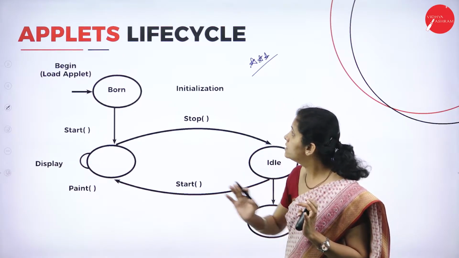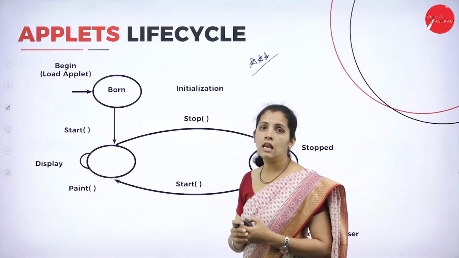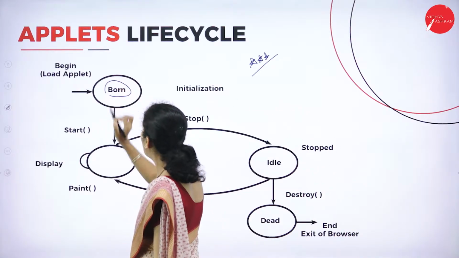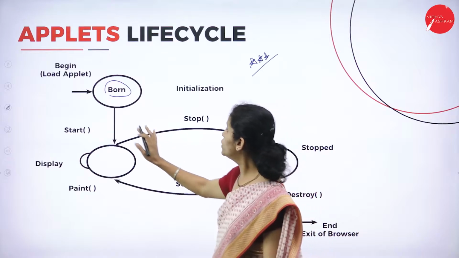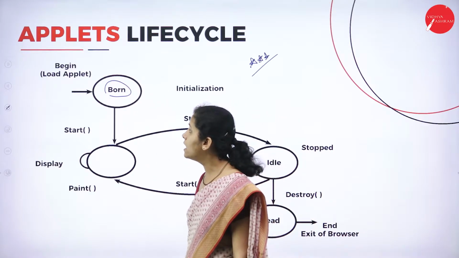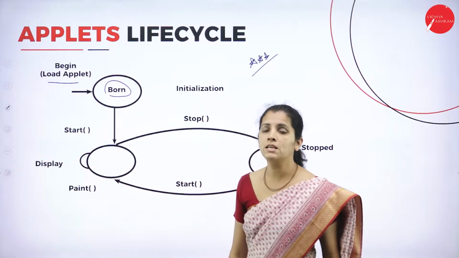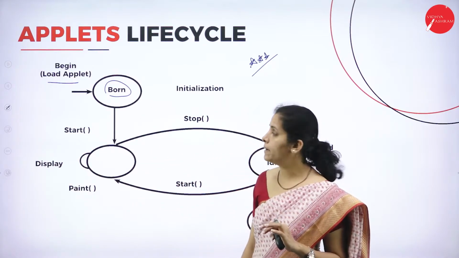So dear student, when I consider the applet life cycle, at the beginning I'm going to have the born state, and this is nothing but loading the applet. That means I'm going to load the applet.